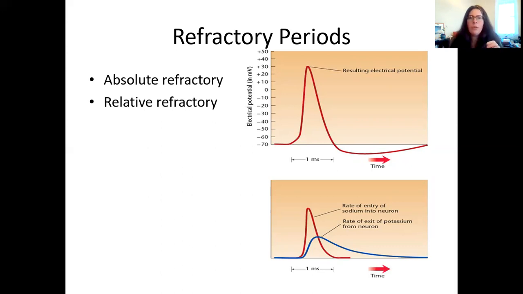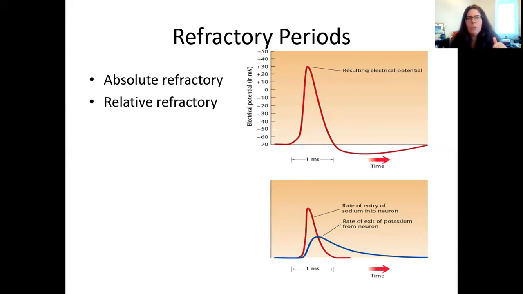You can understand the refractory period by thinking about flushing a toilet, okay? The toilet's just been flushed, that's like the action potential. Doesn't matter how hard you push that handle down, the toilet won't flush again. That's the absolute refractory period, right?